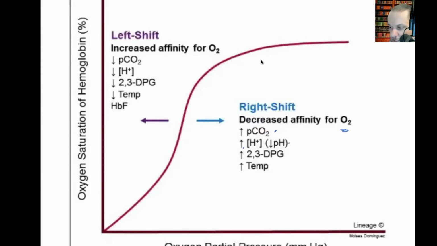So more hydrogen ion will lower the pH, more 2,3-DPG, that's a substance found in your blood, and high temperature. And the left shift will hold onto oxygen more tightly, will not want to give up oxygen. And that's caused by reduction of CO2, reduction of hydrogen, reduction of 2,3-DPG, reduction of temperature, and fetal hemoglobin. Fetal hemoglobin holds onto the oxygen more tightly.